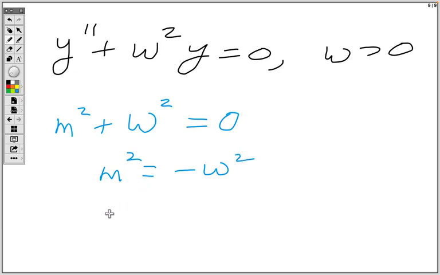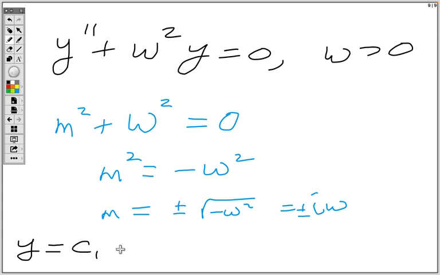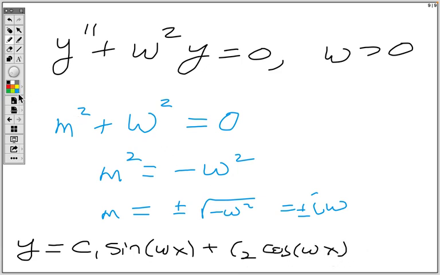Once again, taking square roots, the negative flies out, hits you in the eye. Omega is assumed to be positive, so that's plus or minus i omega. That omega is then going to be the resulting frequency of the solution. So it's a c1 sine omega x plus a c2 cosine omega x. So that's the same frequency there.